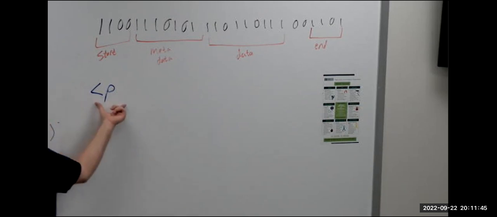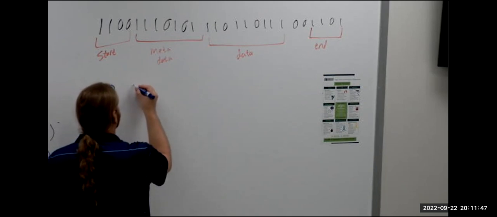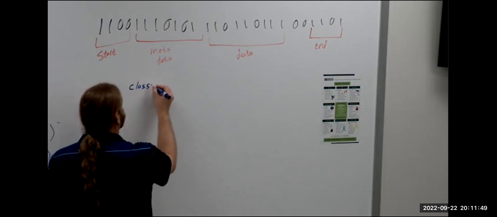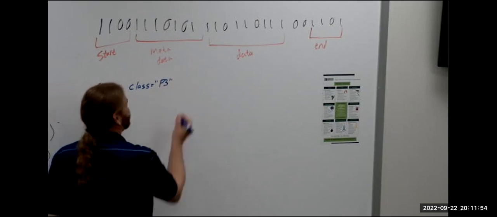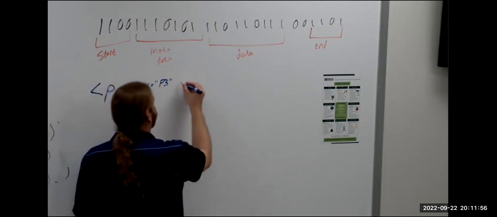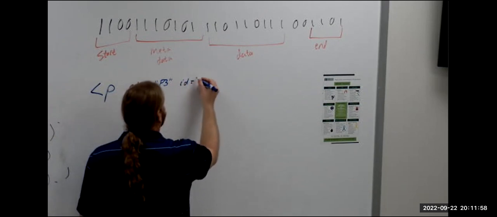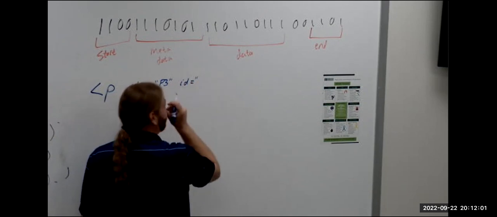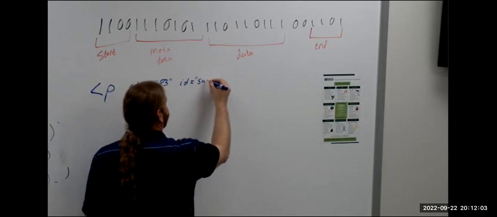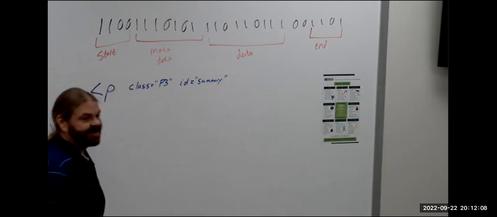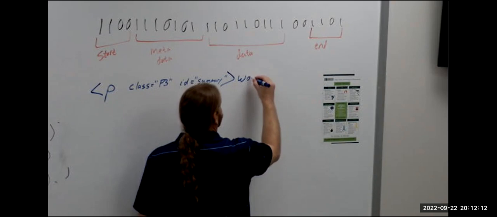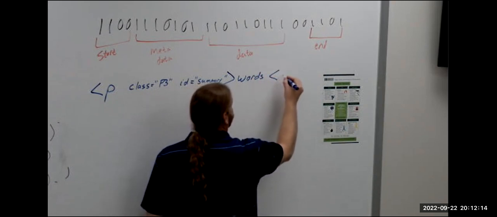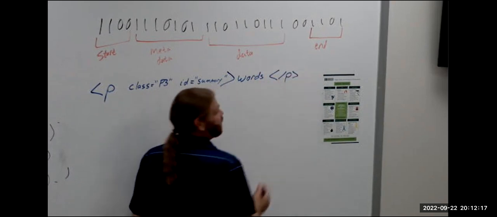A paragraph, class is, I don't know, P3, just to keep it short here on the board. ID is summary. Some useful word, I'm just making that up, obviously. Close that. We'll put our words there. And then our closing tag.